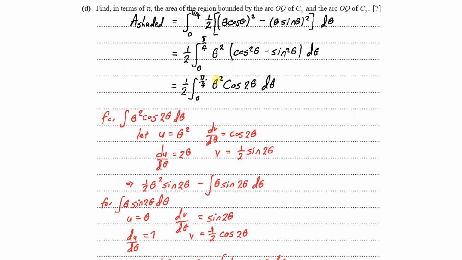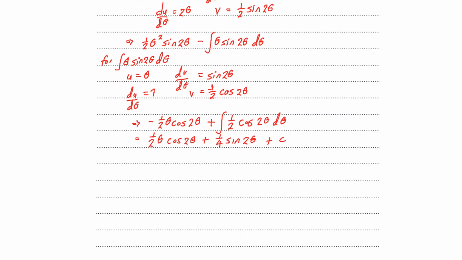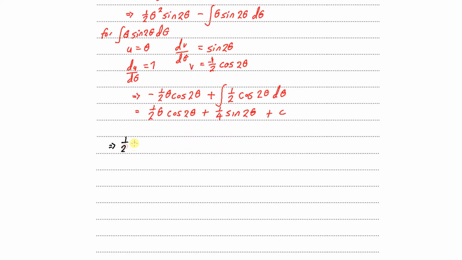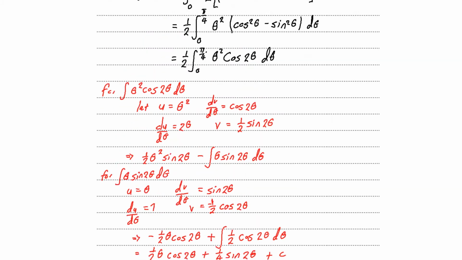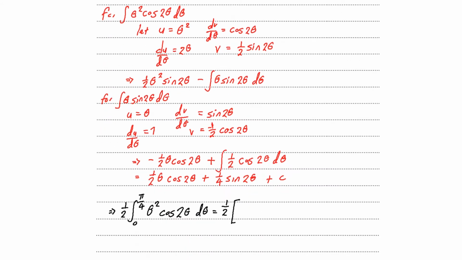So let's make use of this now to write down the integral that we're looking for, half of the integral from 0 to pi over 4 of theta squared cos 2 theta d theta. That's equal to a half of, and here we start with the part where we had half theta squared sine 2 theta from our first integration by parts.